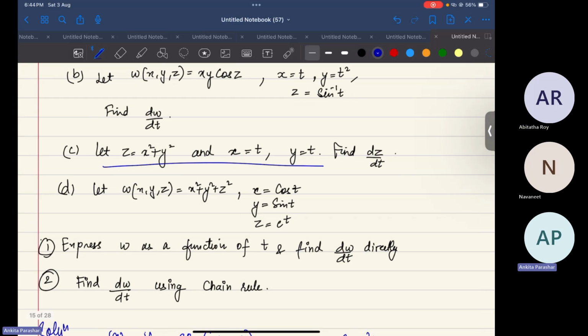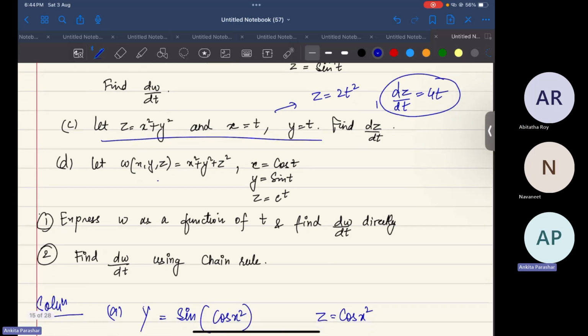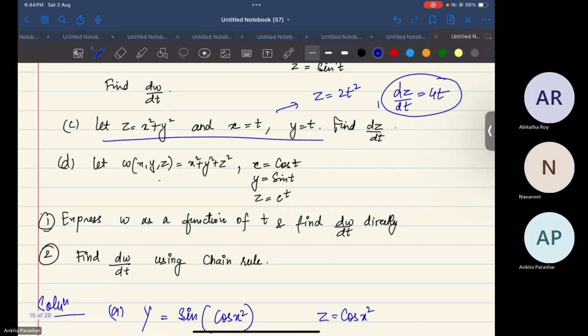Yeah, I think composing the chain rule is not useful, at least for this case. You will simply say z equal to 2t square and then dz/dt is 4t. It is as simple as that. Okay, and then this part, what is easier? I think using chain rule will be easy, right?